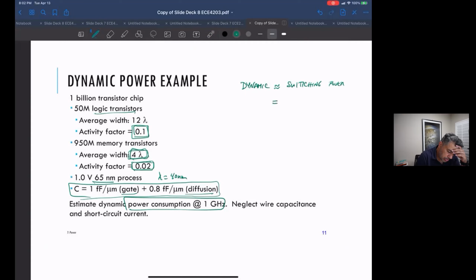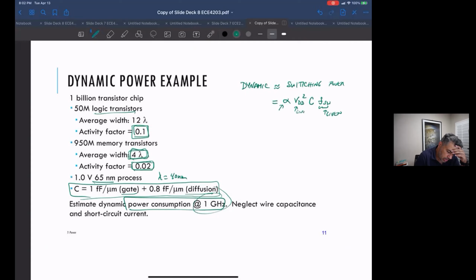So the switching power is the activity factor, alpha, times the supply voltage squared, times the capacitance, times the operating frequency. The f switching is given, the supply is given, and alpha is given for each type.